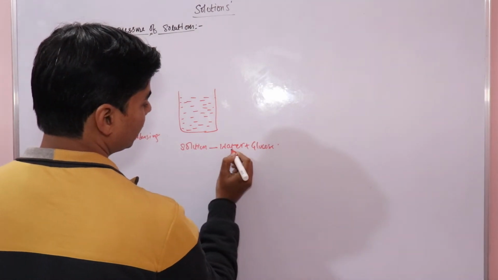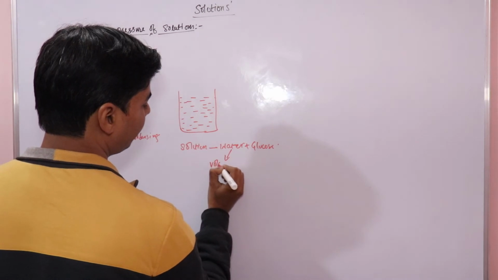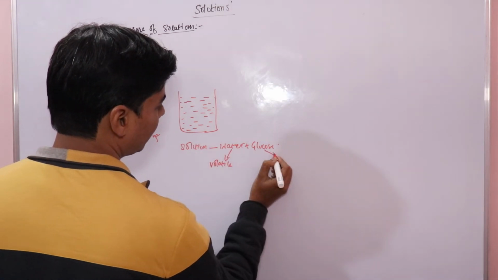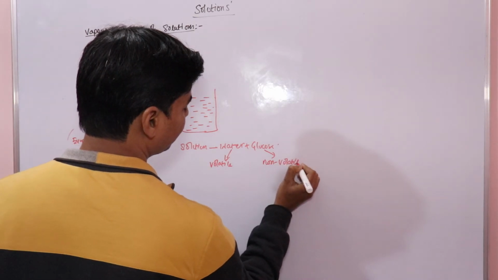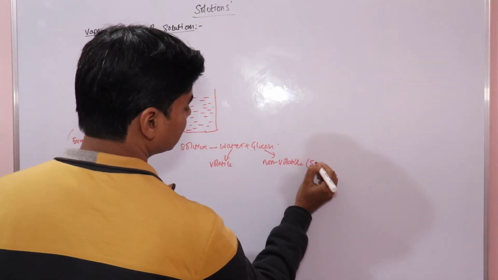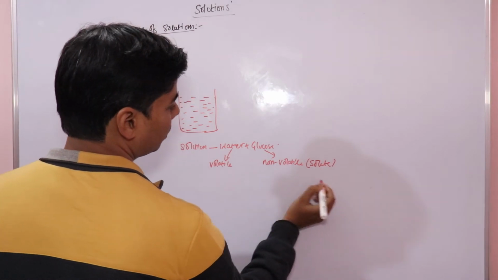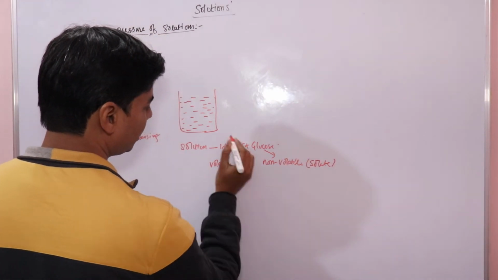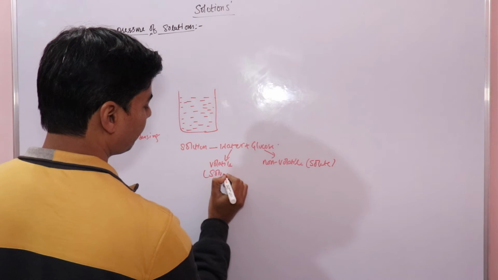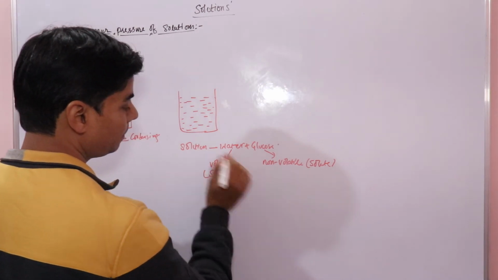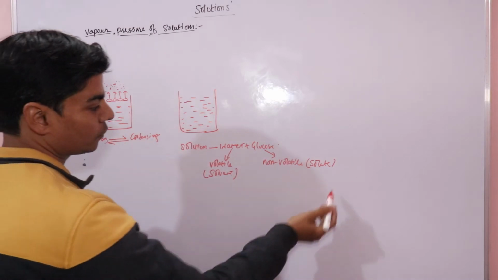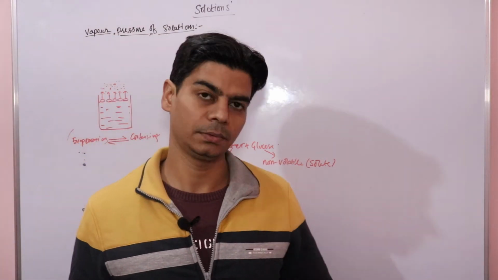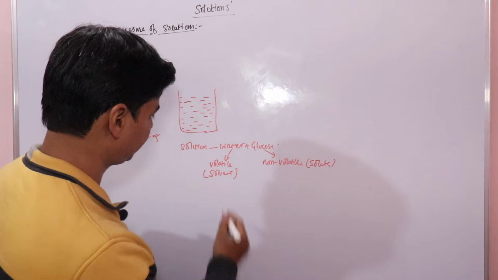We know that water is volatile and glucose is non-volatile. Glucose is the solute because it is in lesser quantity, and water is the solvent, which is in higher quantity. So this is a solution of a non-volatile solute in a volatile solvent.